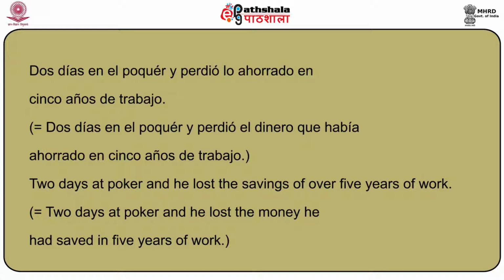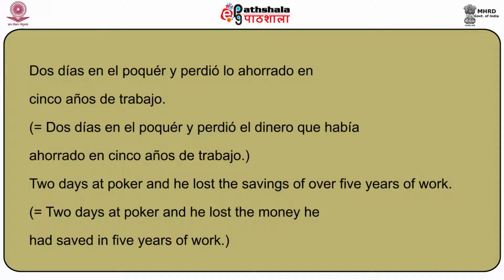Dos días en el póker y perdió lo ahorrado en 5 años de trabajo, which is the same as saying dos días en el póker y perdió el dinero que había ahorrado en 5 años de trabajo.